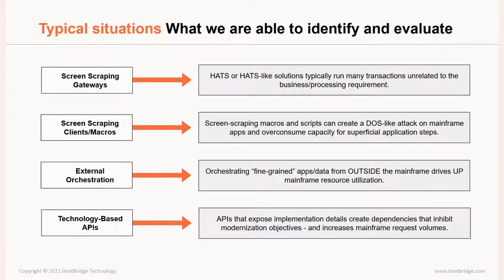But also we like to highlight what we call technology-based APIs. APIs that expose implementation details have some problems. They may have been good a decade ago, but with hindsight as our instructor, we can now see that these sorts of technology-based APIs that expose implementation details tend to inhibit modernization objectives because the two endpoints are all tangled up based upon the incumbent implementation of a business process.